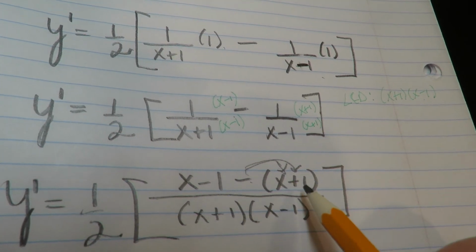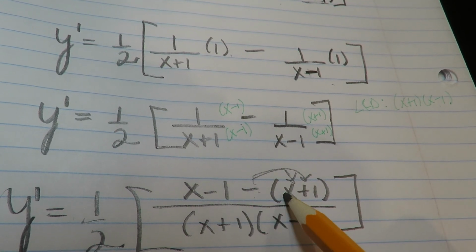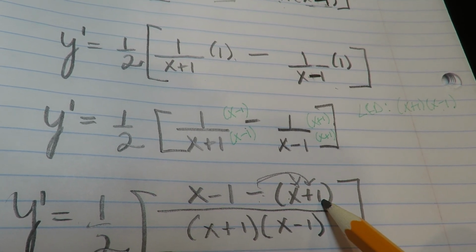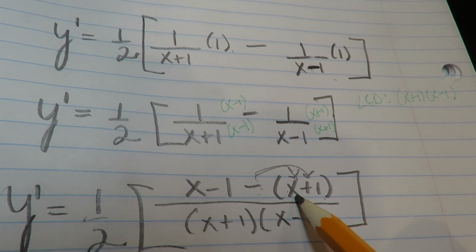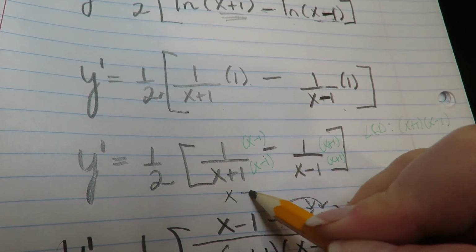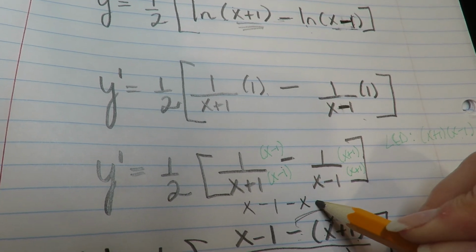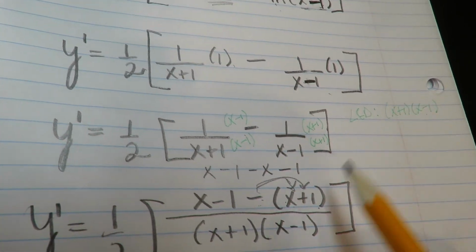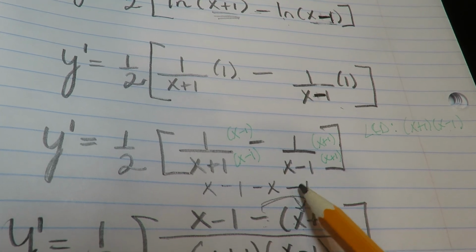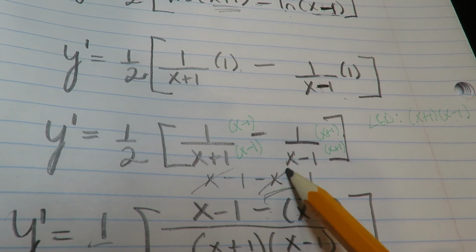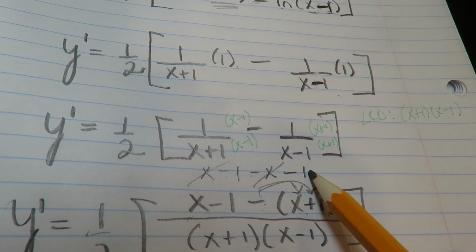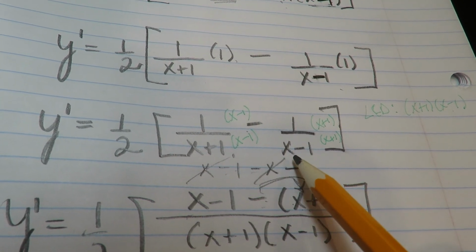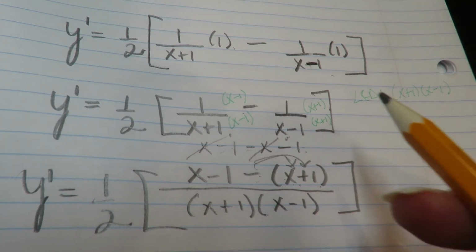This is a common error right here, where somebody only subtracts the first guy and not the second guy. It's like when you go into a movie, they both have to pay admission, not just the front guy. If I distribute the negative, it looks like this, and then this x and this minus x cancel, so you're going to add the ones together. -1 plus -1 adds to -2.